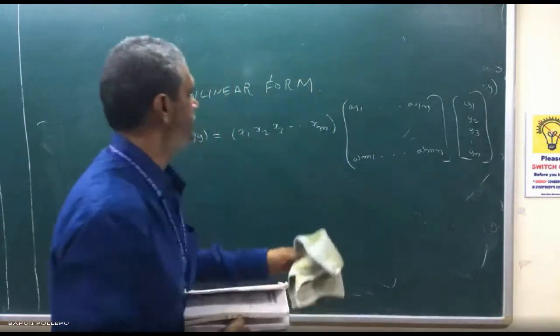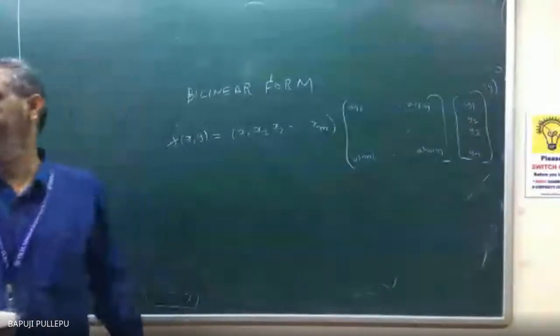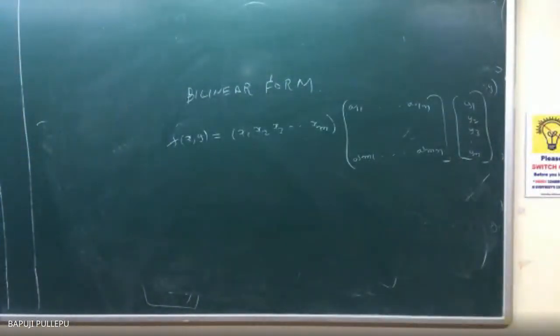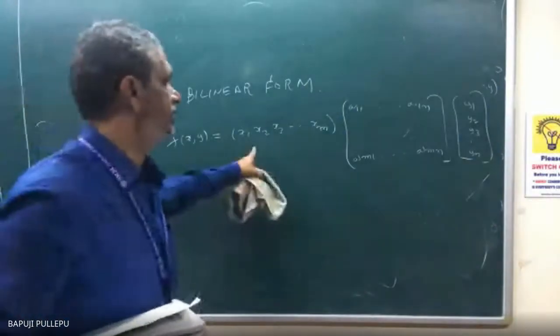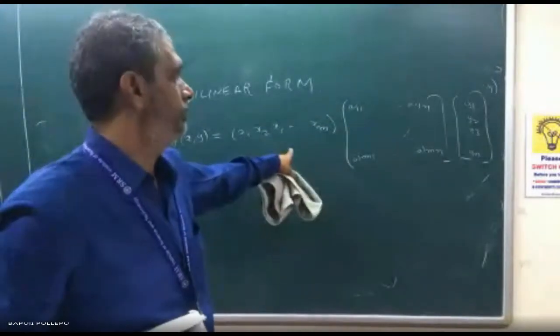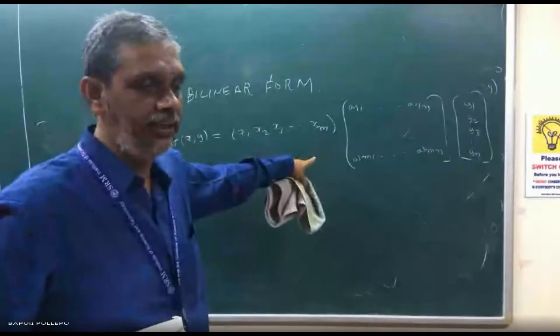Sir, this is a row matrix. What is the order of this matrix? Row matrix x1, x2, x3, xm, m elements are there, so the order will be 1 by m.